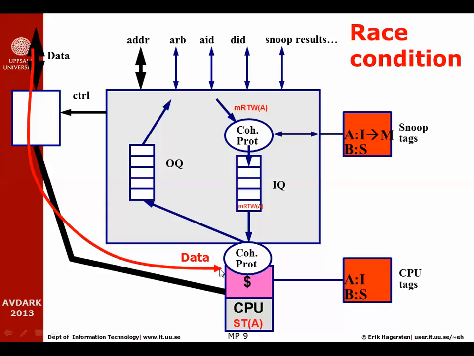Once that data is returned, that's the point in time where we actually can pop my own read to write request from the input queue and change the state in our CPU tags to state modified. Now we can write that piece of data.